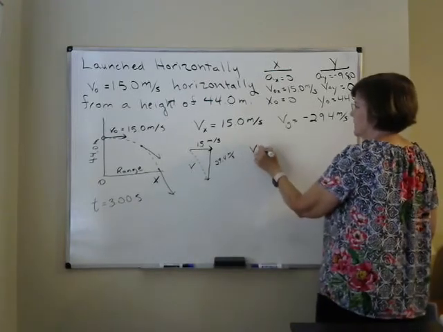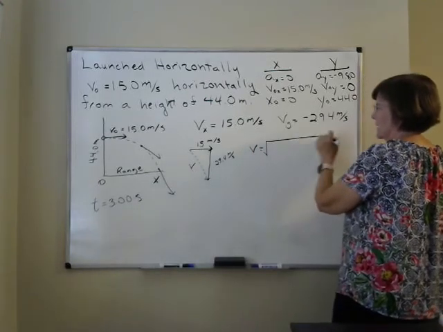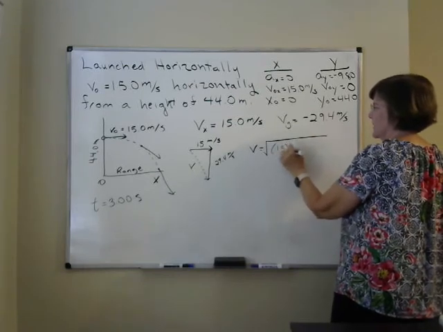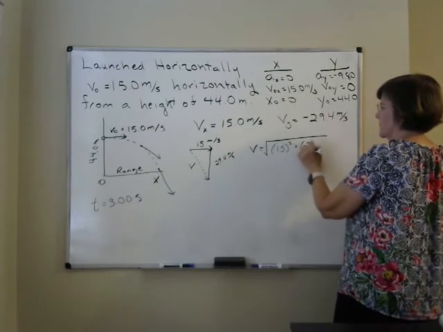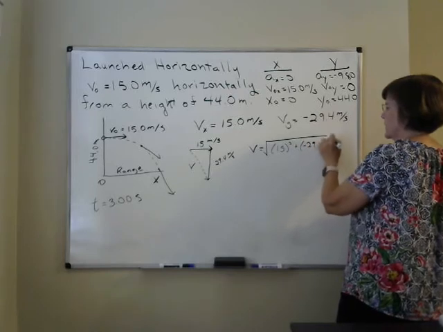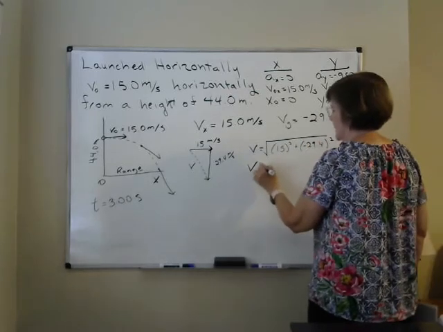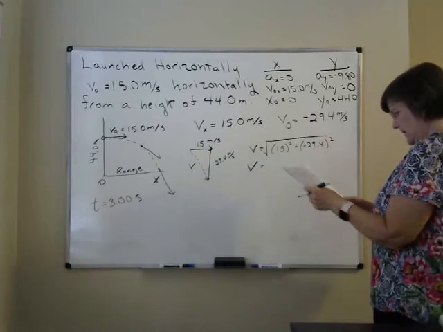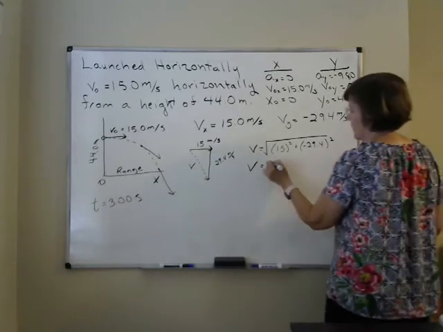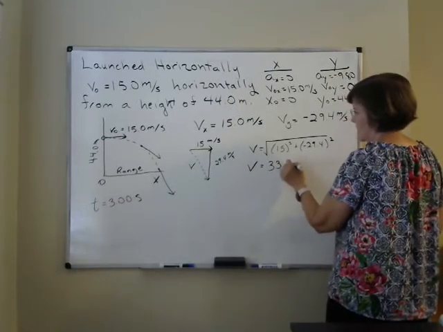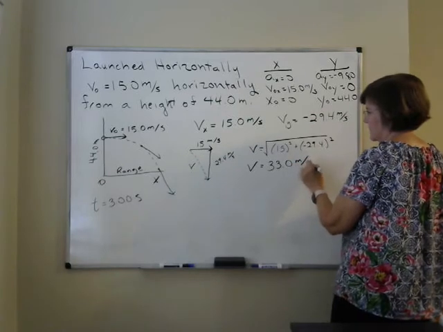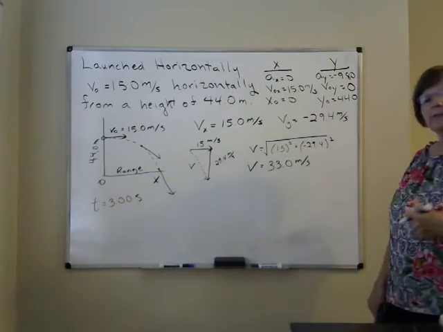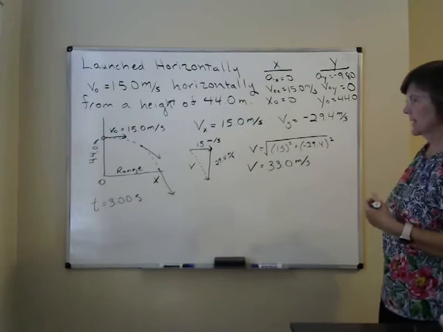The magnitude of the velocity, 15 squared plus negative 29.4 squared. Take the square root of that, and it comes out to be 33 meters per second.